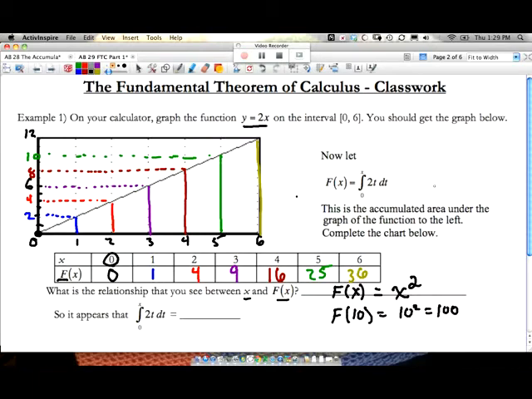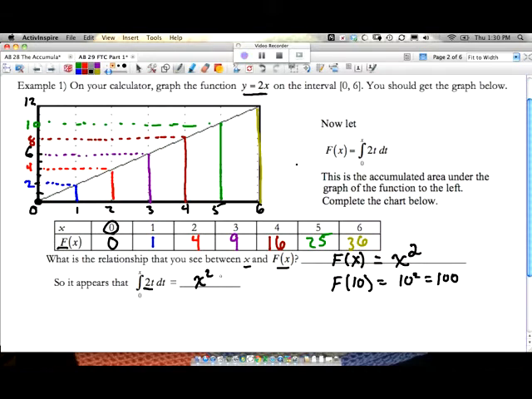All right, then it kind of appears that it has a lot to do with this antiderivative. We look at here, we've got 2t, and that's just going to be x squared, or it could have been t squared, depending on what values we assign here. Really, that's all that's saying.